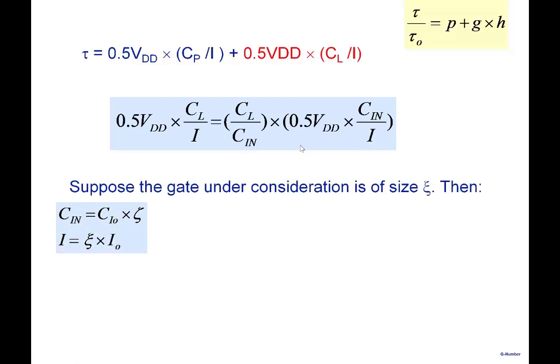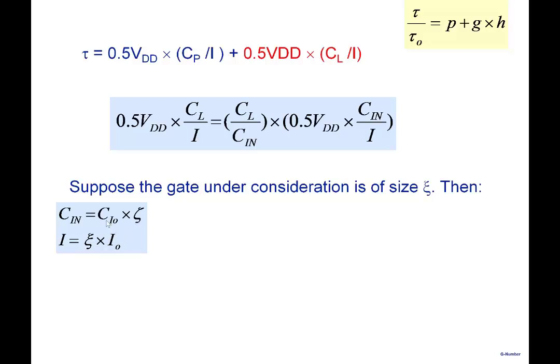Suppose the gate under consideration is of size X. Then its input capacitance will go as Ci0, the input capacitance of size 1, multiplied by the size factor, and the current will be equal to I0 multiplied by the size factor. What is this I0 and Ci0?